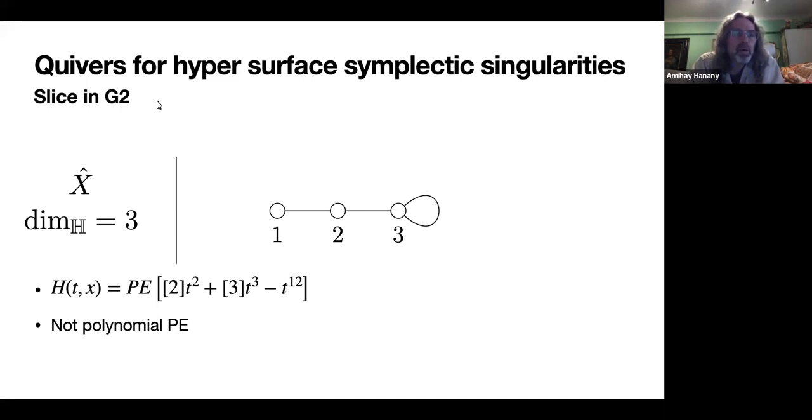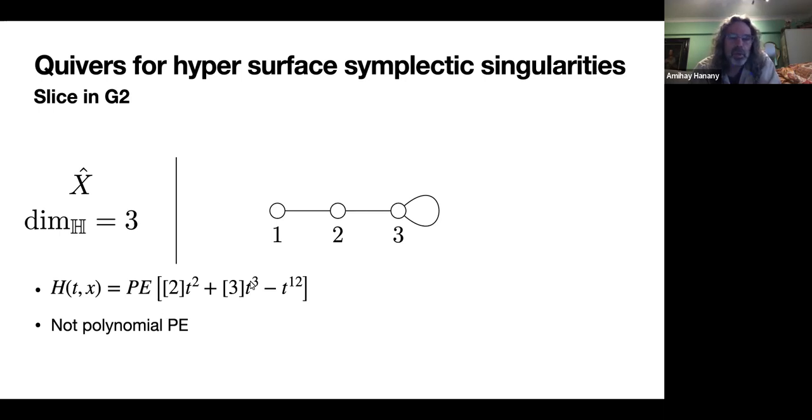Here's the only known hypersurface singularity of quaternion dimension 3. It's the Coulomb branch of this quiver. Sorry, the Higgs branch of this quiver. Because there is a loop here, there is a flavor symmetry, which is SU2, and so the representations here are representations of SU2.